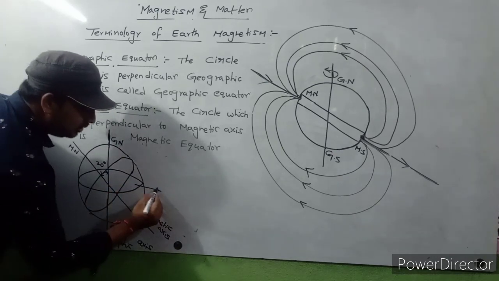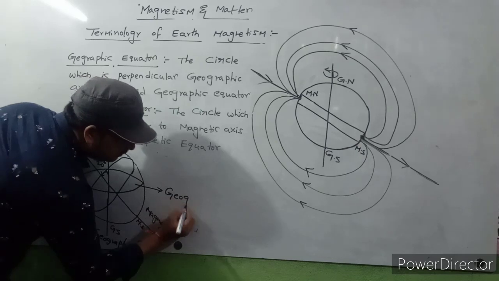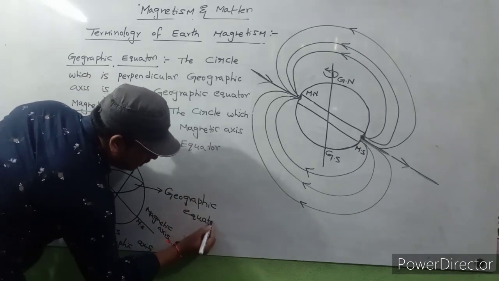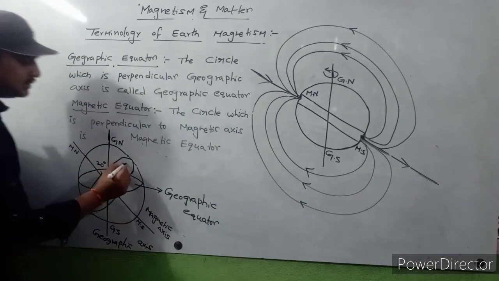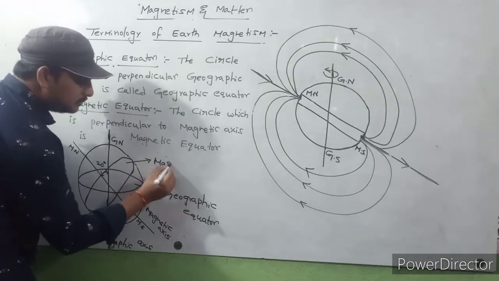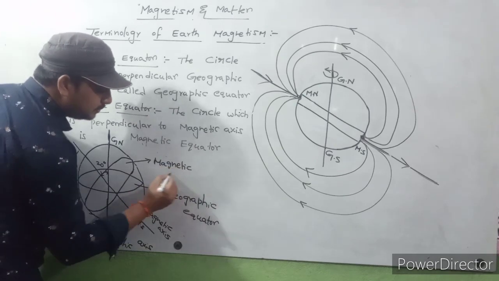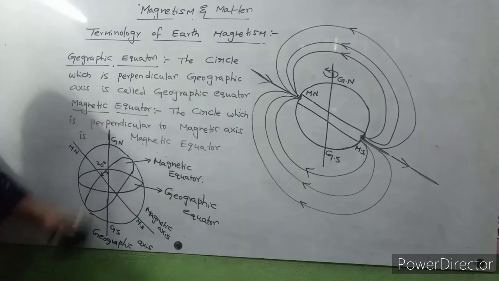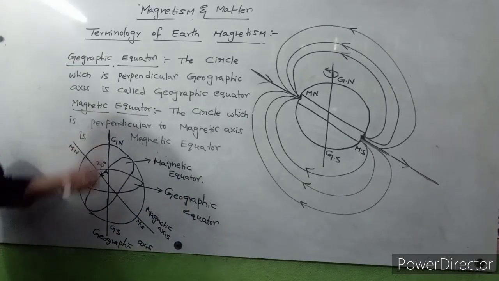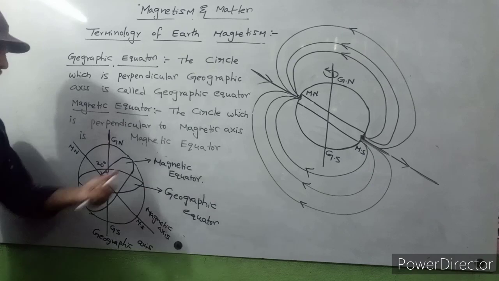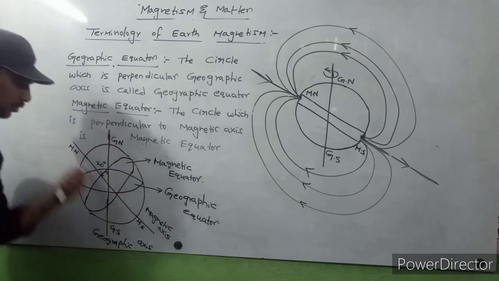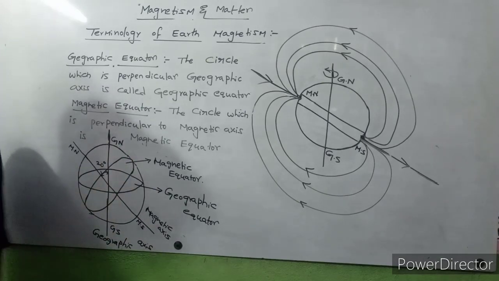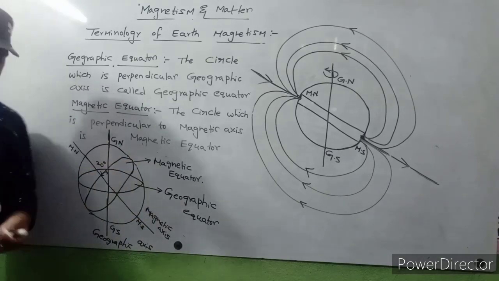This is called the geographic equator. This is called the magnetic equator. So this is the geographic equator and magnetic equator.